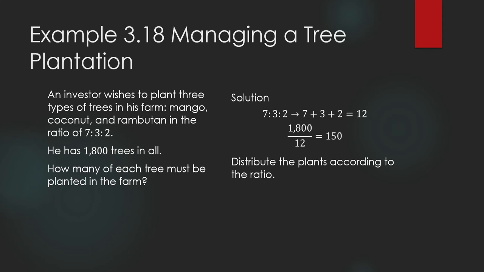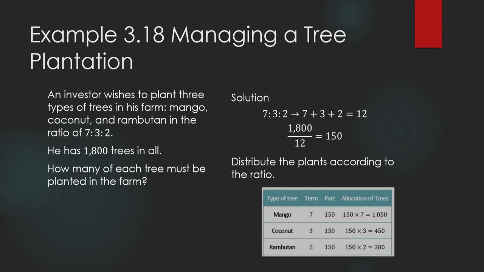The ratio is 7:3:2. 7 parts must be devoted to mango. So all in all, the number of trees that must be devoted to mango trees is 7 times 150 trees, which is equal to 1,050 trees. 3 parts must be devoted to coconut trees.